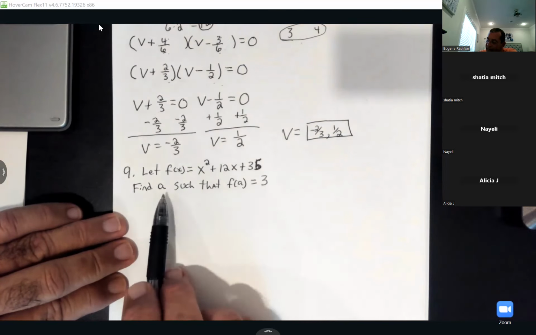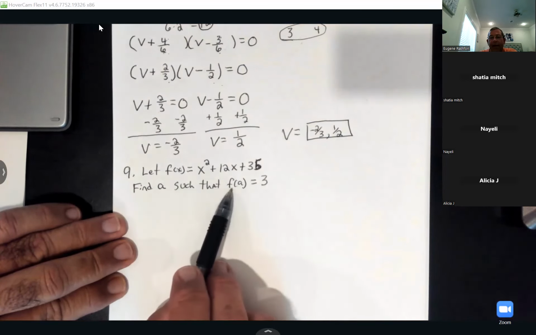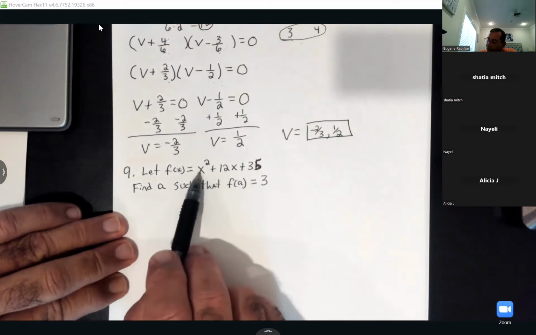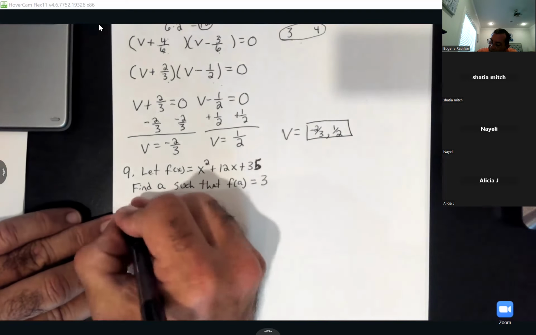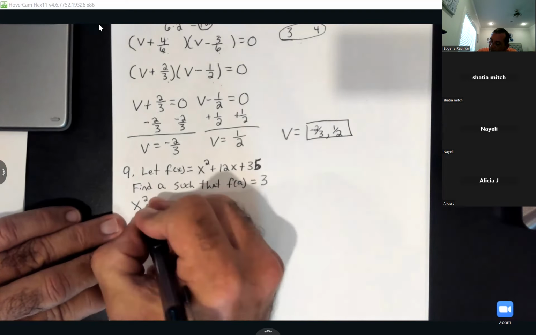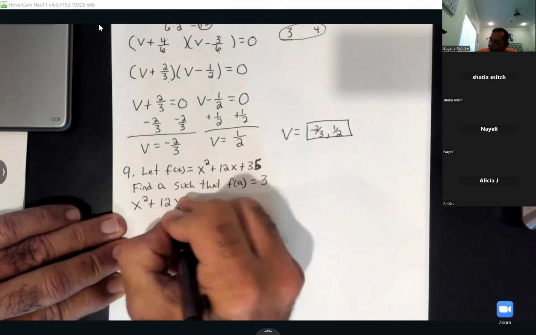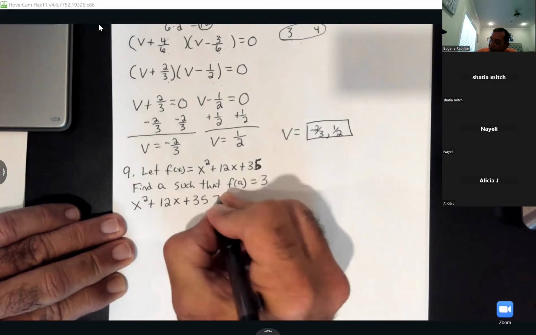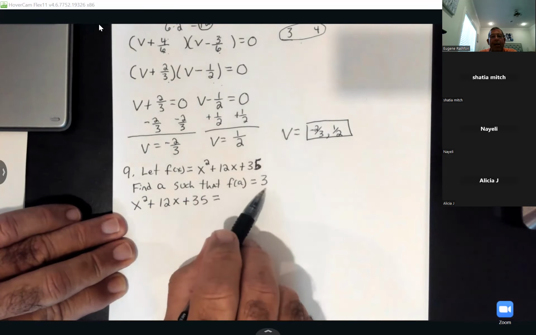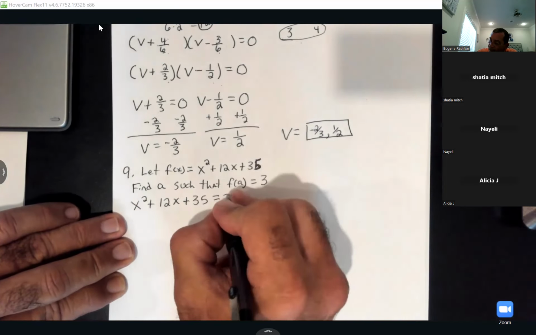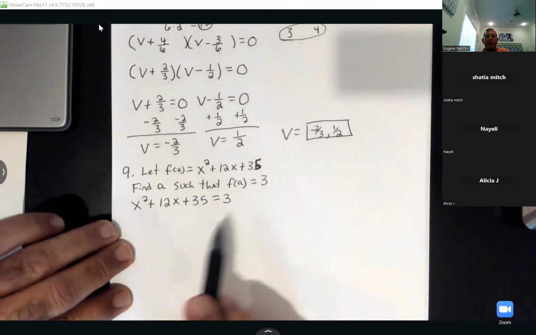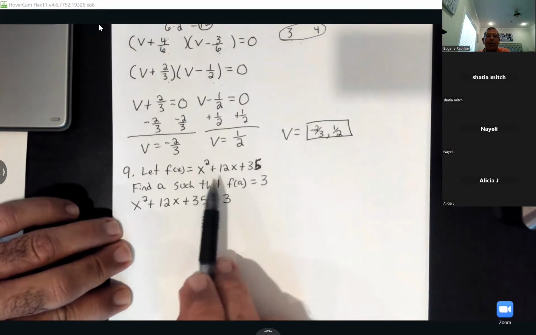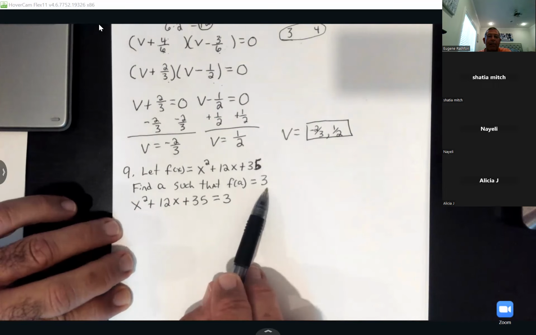So when they're saying this, find a such that f of a equals 3, they want you to take this function, x squared plus 12x plus 35, and set it equal to that 3. So you'll take your polynomial and set it equal to the number they give you.